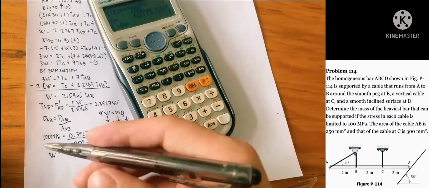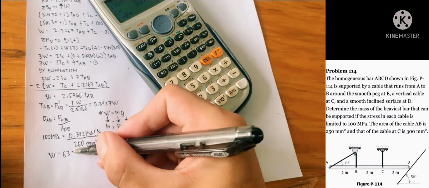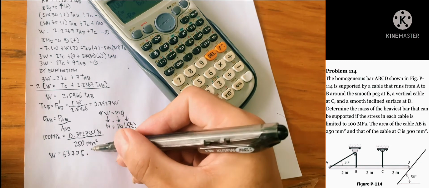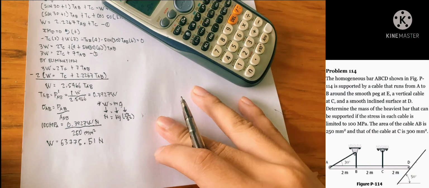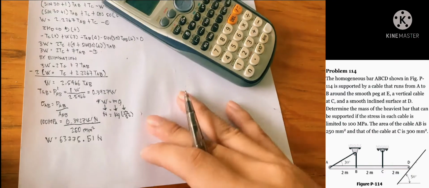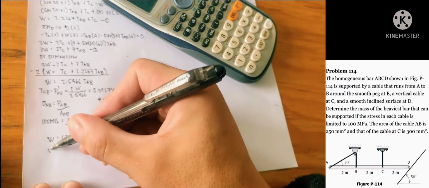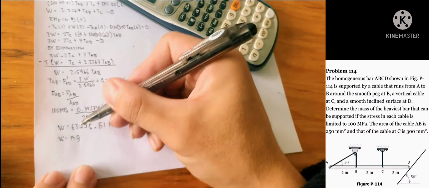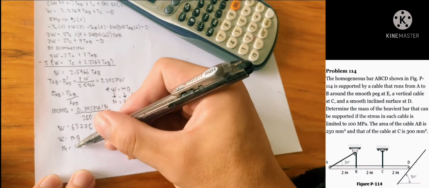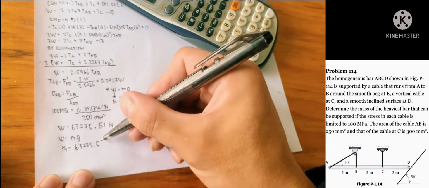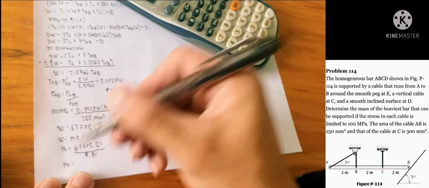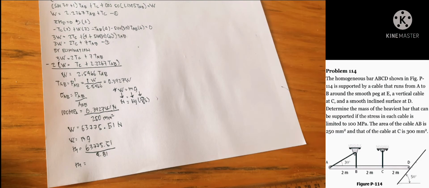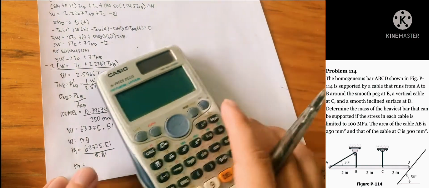We have 63,775.51 newtons. Now we can calculate the mass by dividing the load, the weight, by the gravity, 9.81.